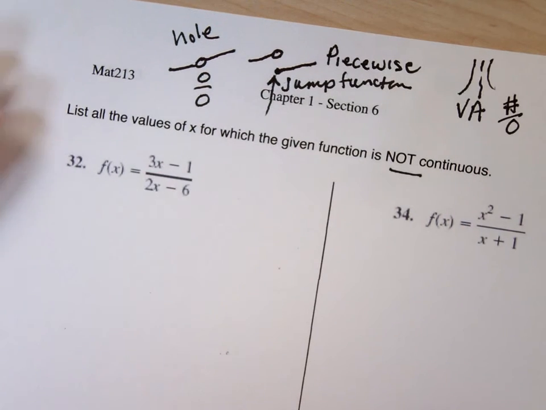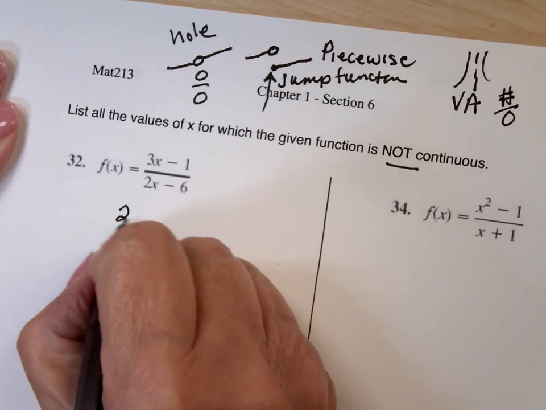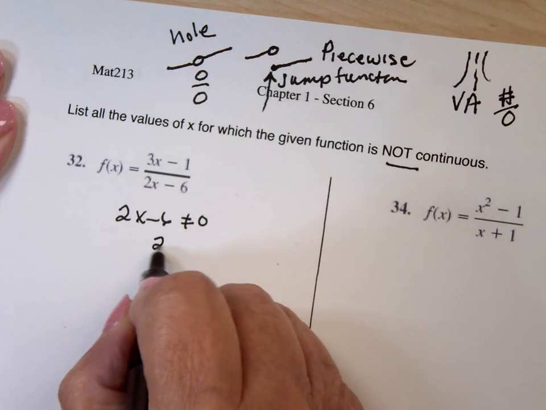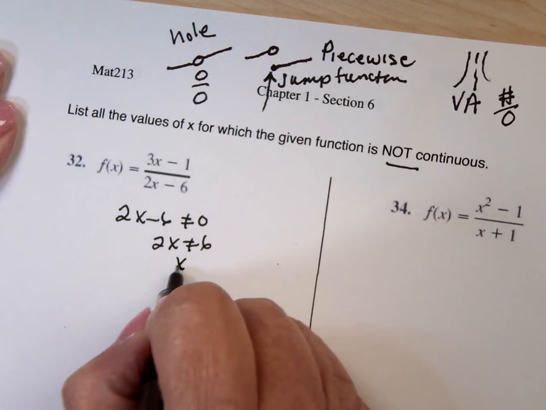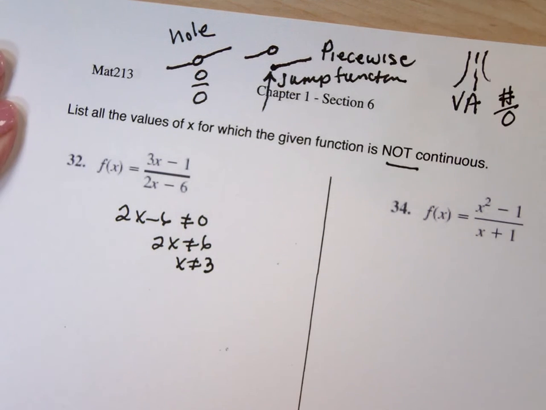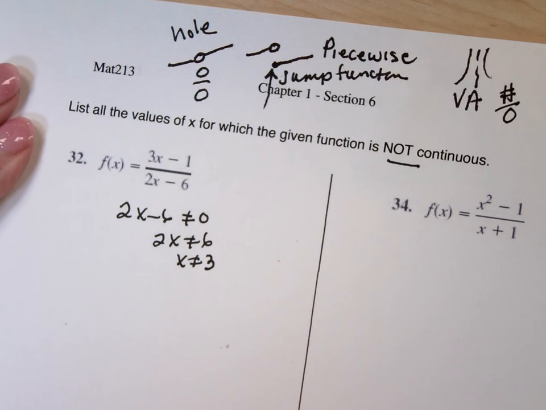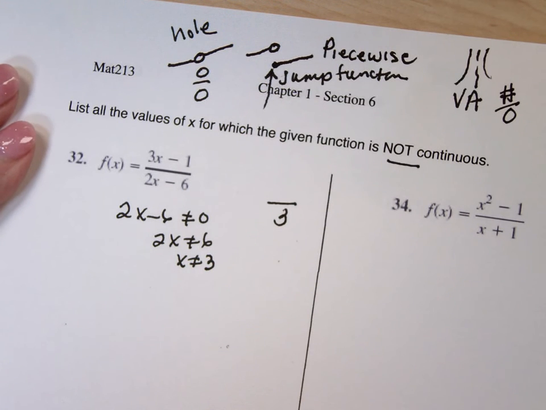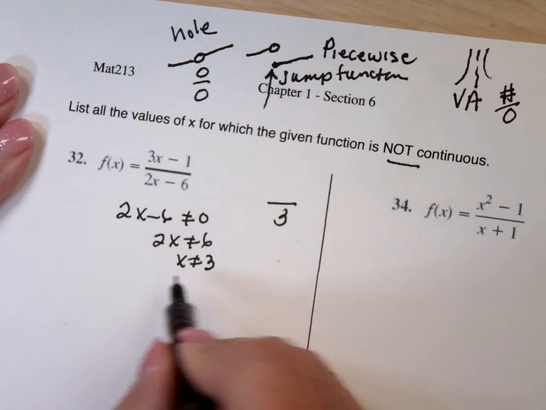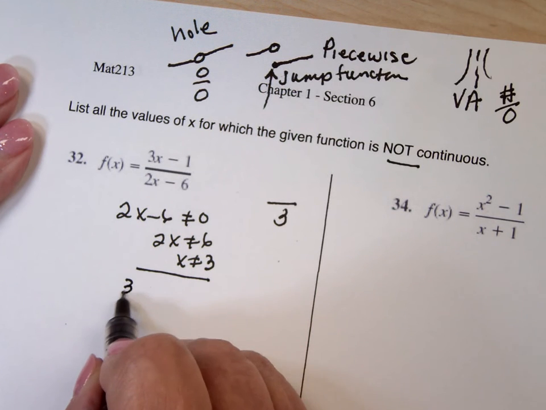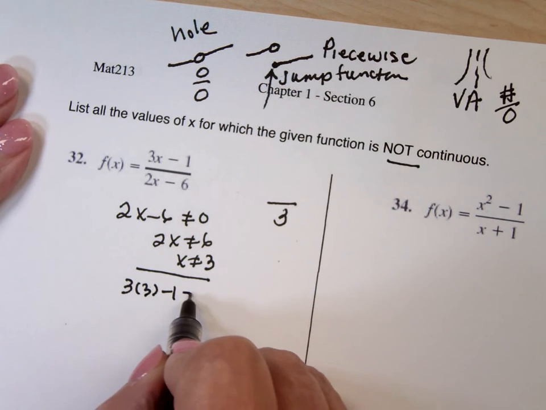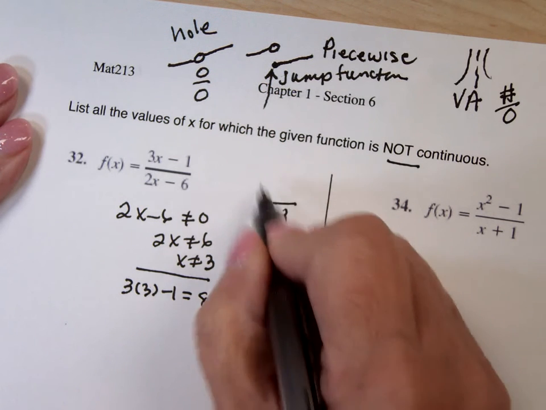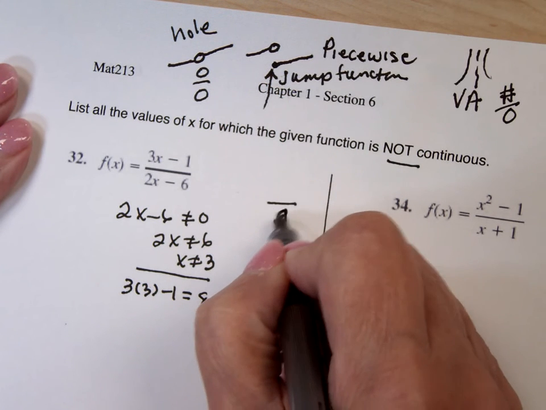Well, I've got a denominator, so this says that 2x minus 6 can't be 0. 2x can't be 6, or x can't be 3. So if I'm going to have 3 in the denominator, the question is, what do I have in the numerator? Well, it's 3 times 3 minus 1, which is 8. I don't have a 0 in the numerator. I've got a 0 in the denominator.